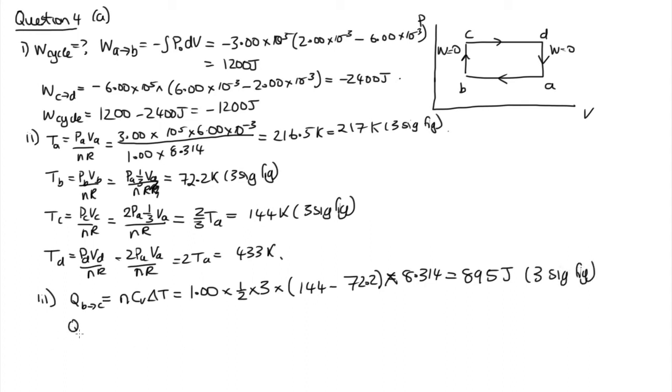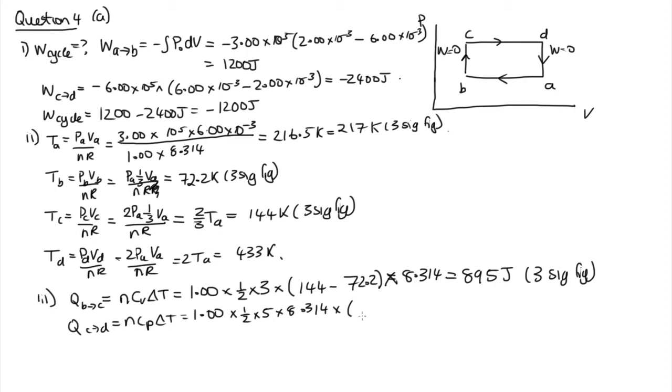And then we're also asked to find the heat transferred from C to D. Going from C to D, that's a constant pressure process, so it's nCP delta T. So that's 1. Now CP, looking at that, it's a half times 3 times R plus R. So it's a half times 5 times R, which is 8.314, times the change in temperature.